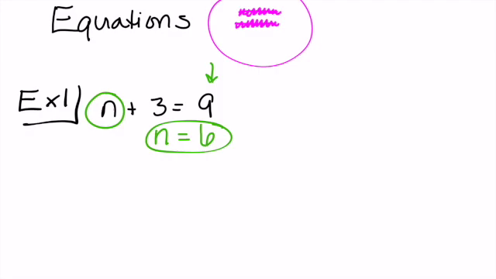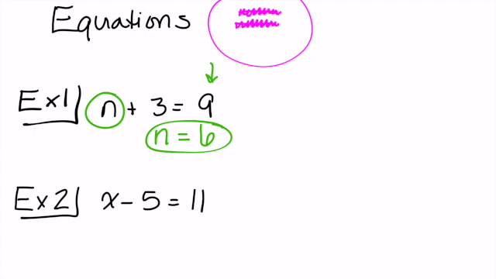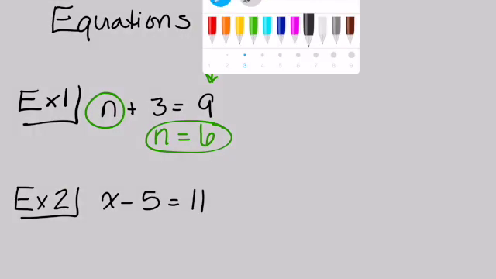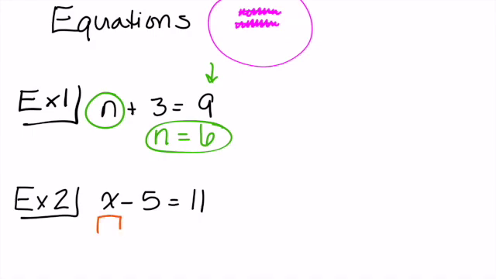All right, let's look at another one. Example number 2. Let's do x minus 5 equals 11. So mental math now. What number, when you take away 5, gives me 11? Are you thinking about that?